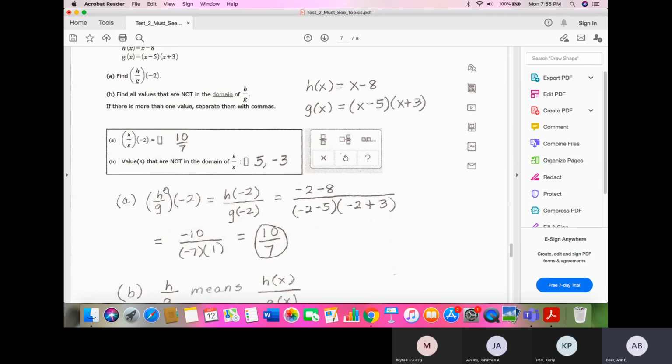We were given the problem as h divided by g, parenthesis, -2, parenthesis. Let's turn this into what I would call workable form. This is just shorthand. Really what we want to find is h of -2 in the numerator divided by g of -2 in the denominator.